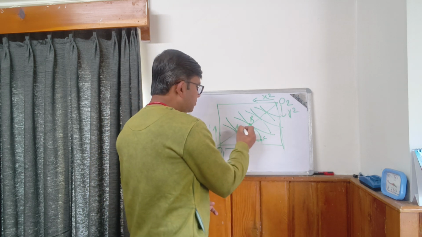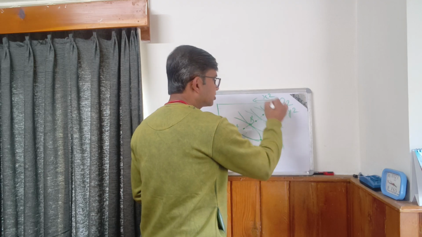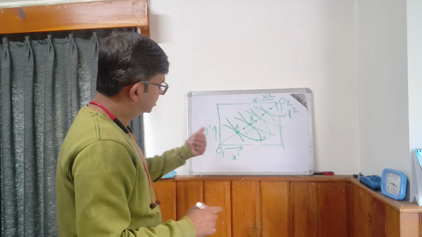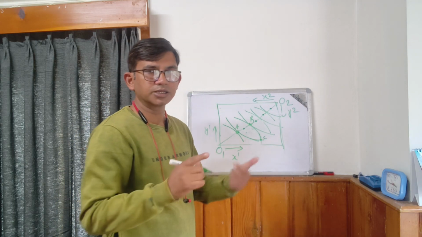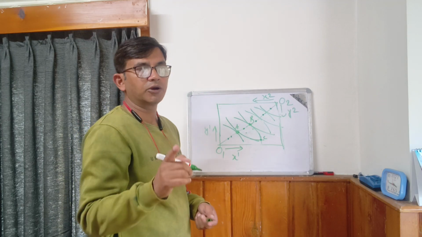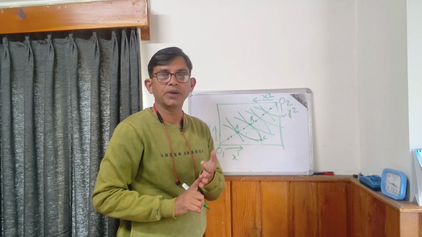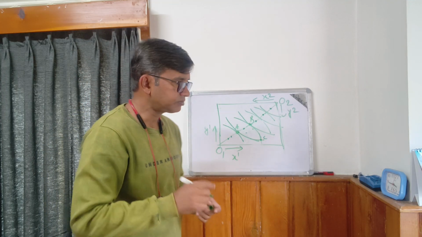So every point of this consumption efficiency locus indicates Pareto optimality in consumption. That means there is no scope of Pareto improvement.